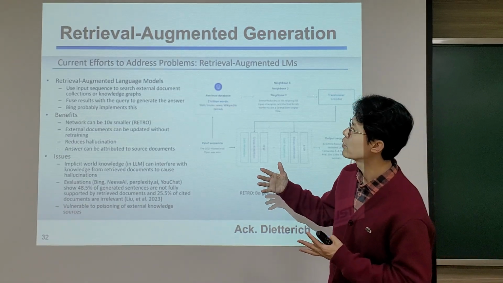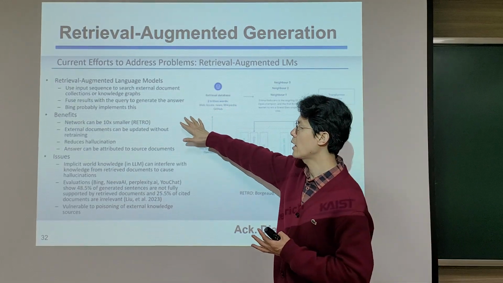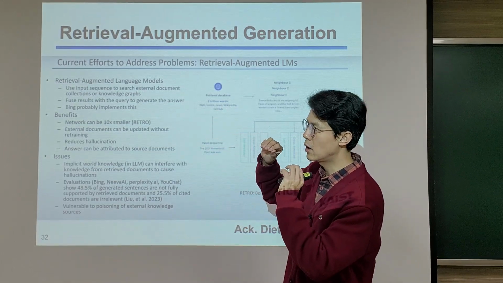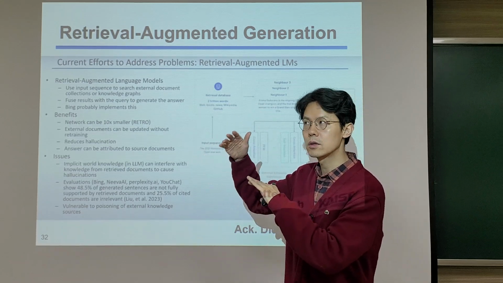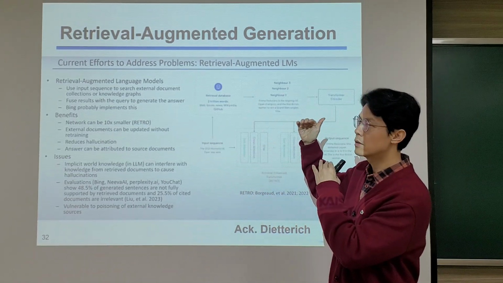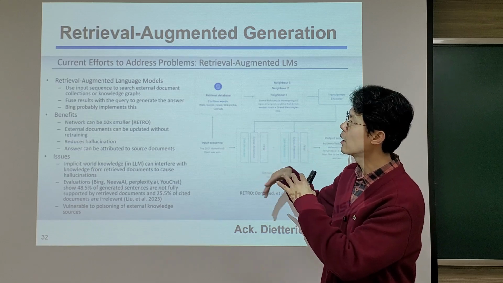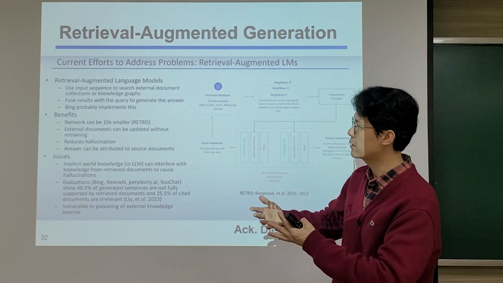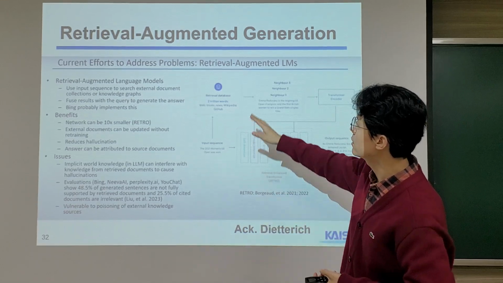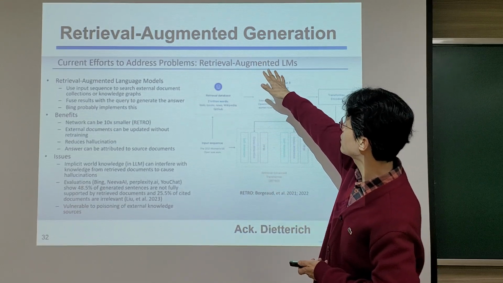But by retrieving related information, we can search and retrieve relevant websites or images that contain the given query, collect information from that website, and then assist the generative process. This is called retrieval augmented generation.